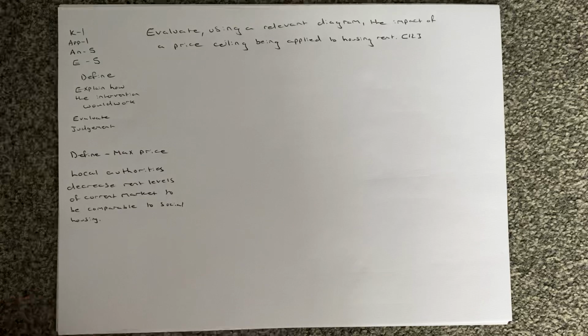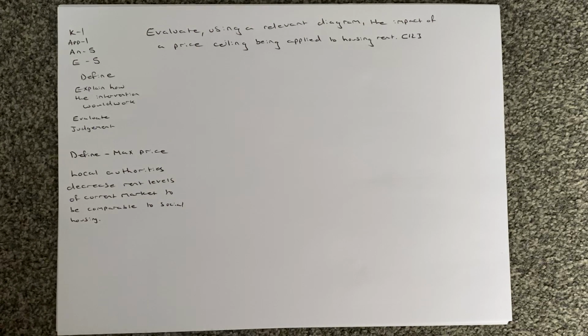So just for those who may not understand the language that we're using here, when we talk about local authorities, we're talking about local councils. So people in charge of certain areas are going to be determining what the maximum price should be. And what it suggests is that these local councils should decrease the rent levels of the current market to be comparable with social housing. And what we mean by social housing is housing that is supported by the local authority.